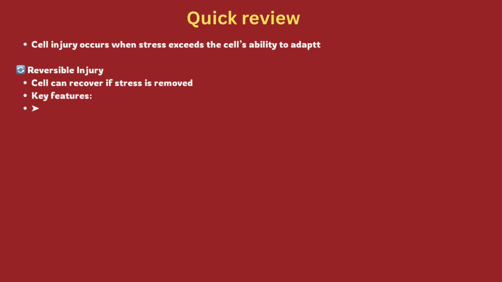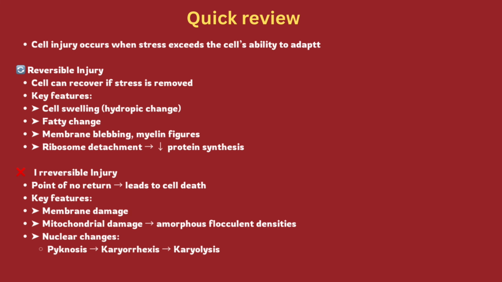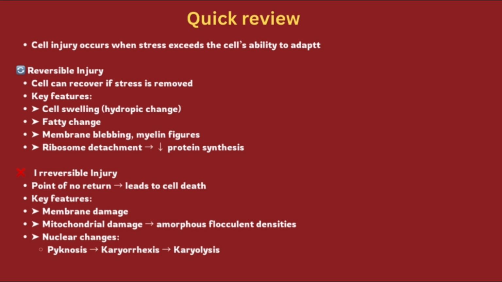Let's quickly revise cell injury. When stress exceeds a cell's capacity to adapt, injury begins. Reversible injury: the cell can recover if the stress is removed. Key signs include cell swelling, fatty change, membrane blebbing, myelin figures, ribosome detachment, decreased protein synthesis.